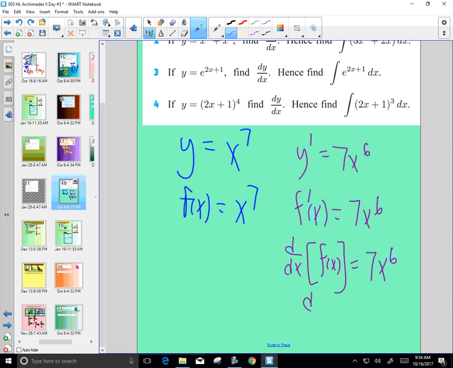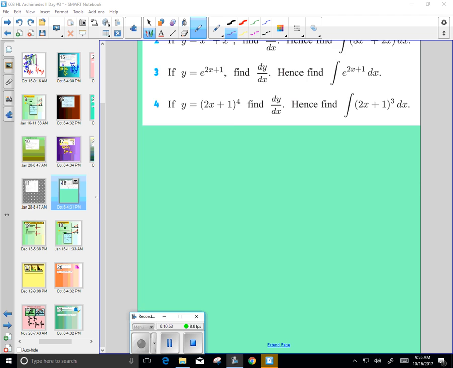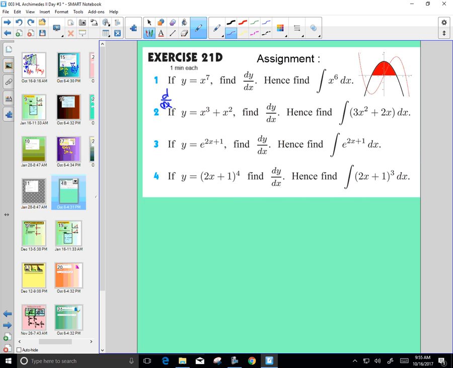Y. So this is the fourth way. All of these are the same: y, y prime, f of x, f prime of x, d dx of f of x, d dx of y. Those mean the same thing. So now, d dx of x to the 7th is 7x to the 6th.